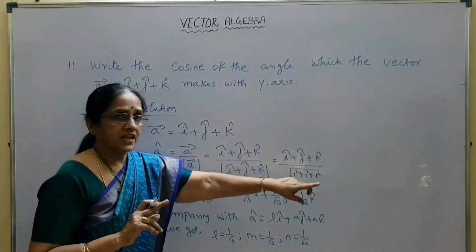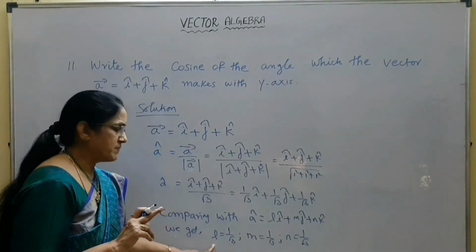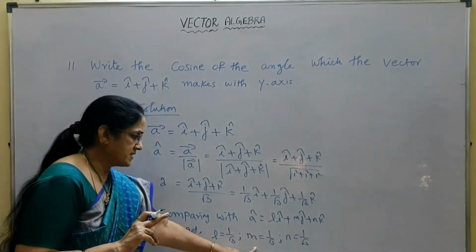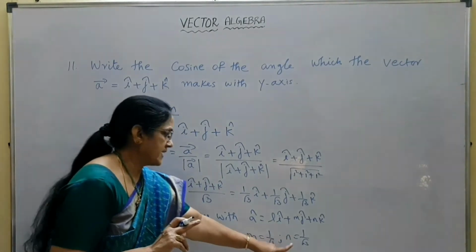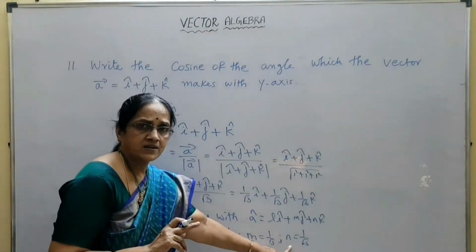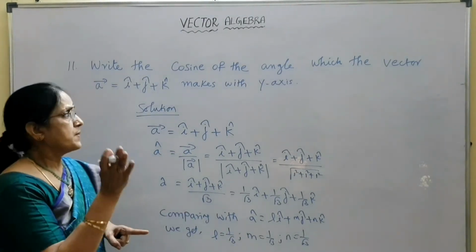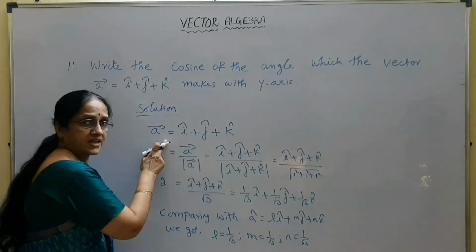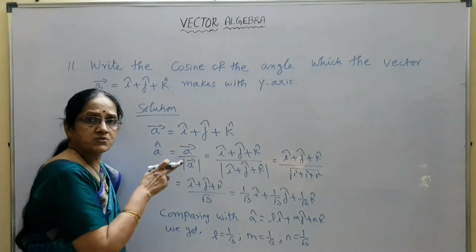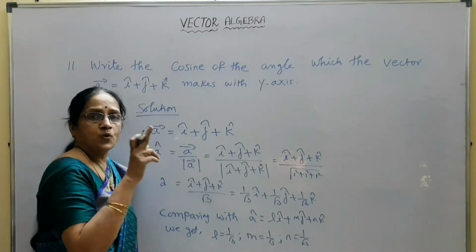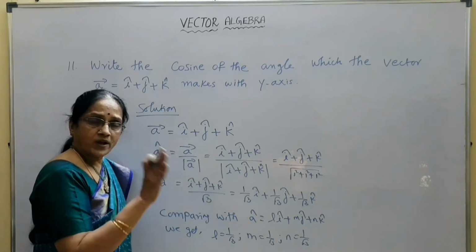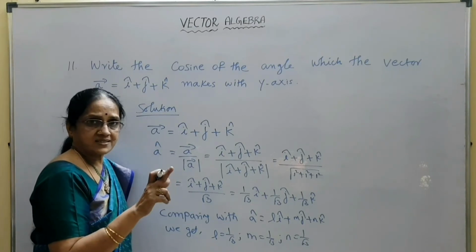Already while explaining I told you L is nothing but cos alpha, M is nothing but cos beta and N is nothing but cos gamma, where alpha, beta, gamma are the angles made by the vector A with the positive direction of OX, that is x-axis, y-axis and z-axis.